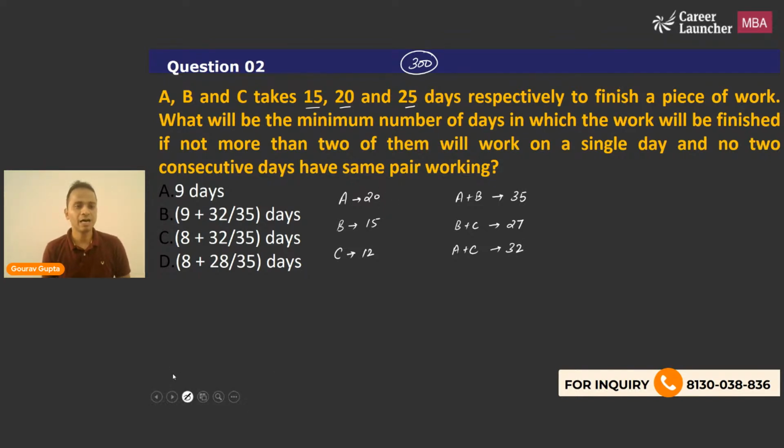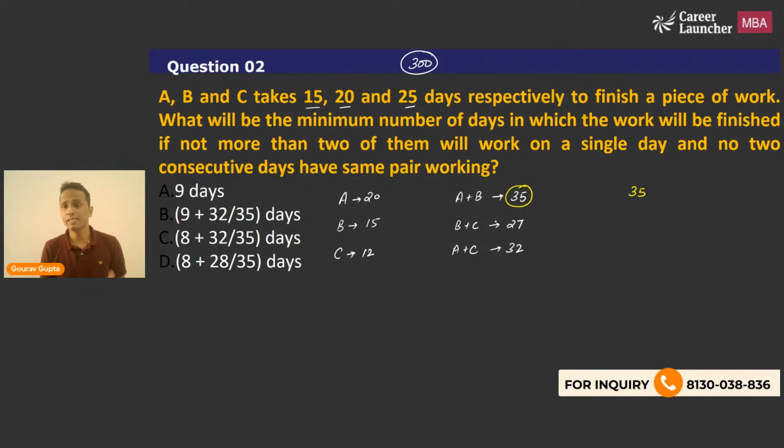All right. Now, if I want the work to be finished as soon as possible in the minimum amount of time, I should be using the most efficient pair first of all. So I should be starting the work on the first day with A and B, right? A and B can finish 35 units of work in one day.